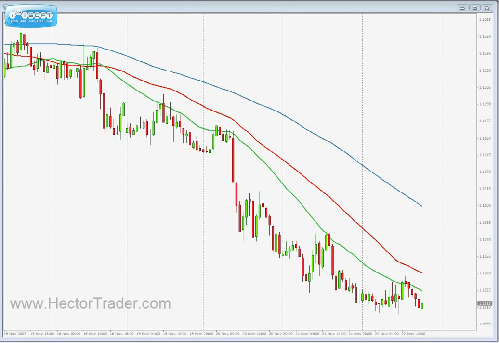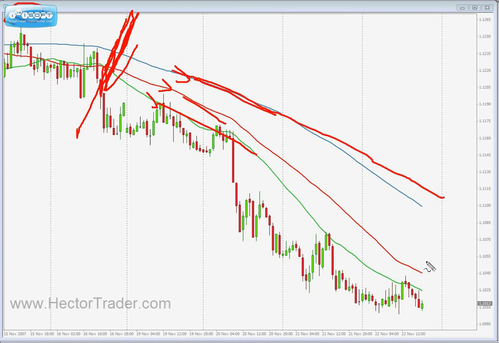First of all, the chart you've been seeing throughout this video is the USD against the CHF in the 1 hour time frame. At this moment on the chart, the moving averages fall in place. As you can see, the 30 is below the 50 and the 50 is below the 100. Moreover, price is nowhere near the 100, and all of them are parallel to each other.